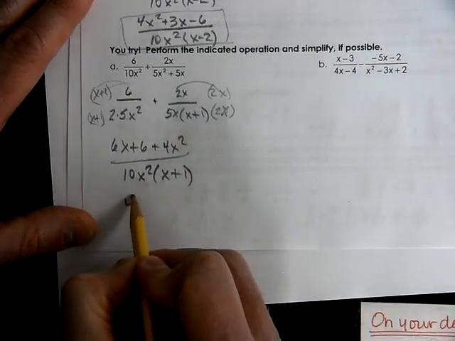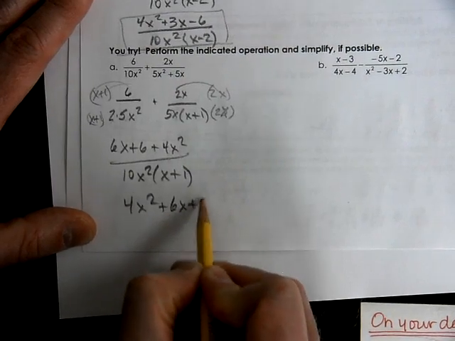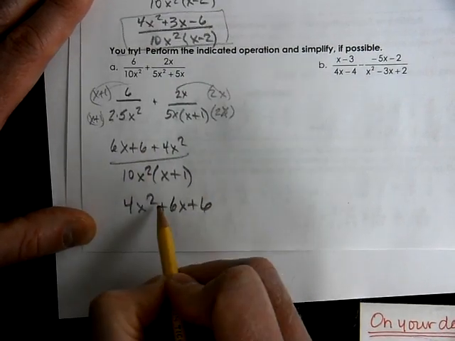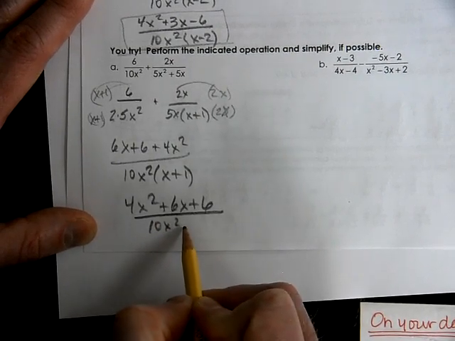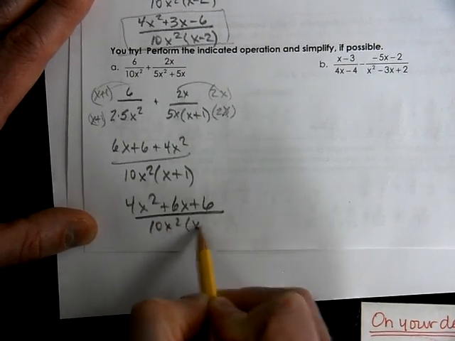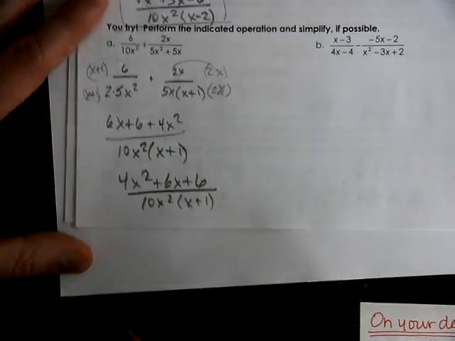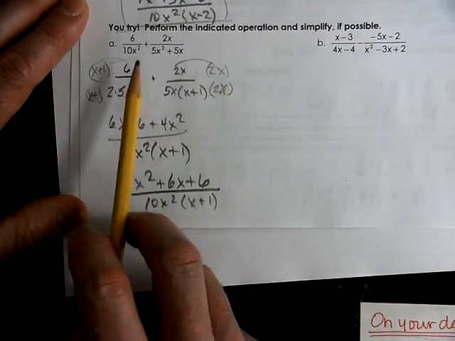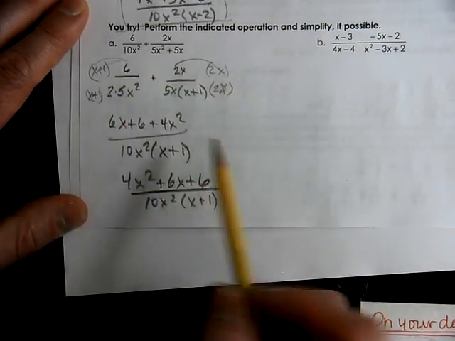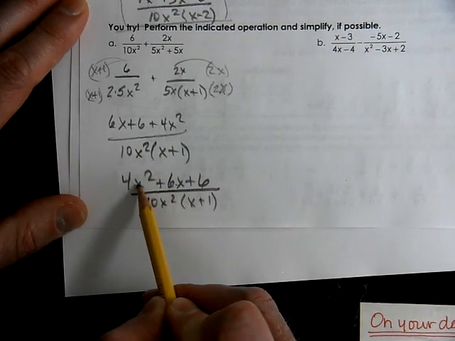You might rewrite it in order of the largest exponent down to the smallest, 10x squared, x plus 1. What I do notice here, and maybe we could have figured it out up here somewhere, you see there's a multiple of 2 in each one of those?